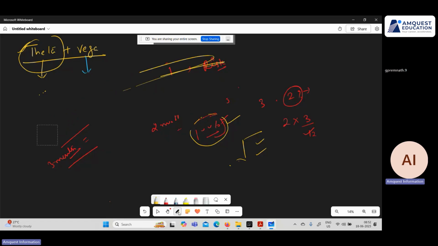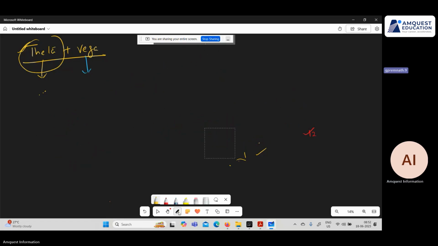Let's do one more topic and then we'll wrap up today's session. Something called calendar spread.